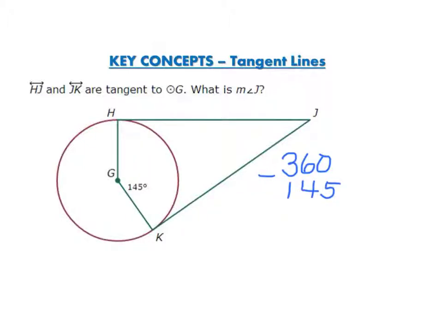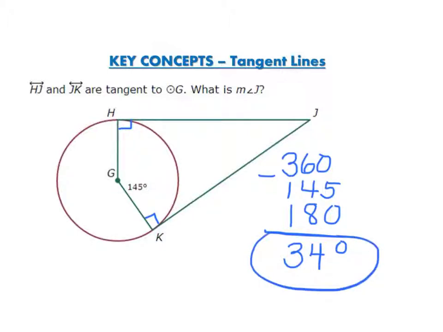I'm also going to subtract out these two right angles, which is two 90-degree angles, or 180 degrees. And when I take 360, subtract 145, and the two 90-degree angles, I am left with 34. So the measurement of angle J is 34 degrees.